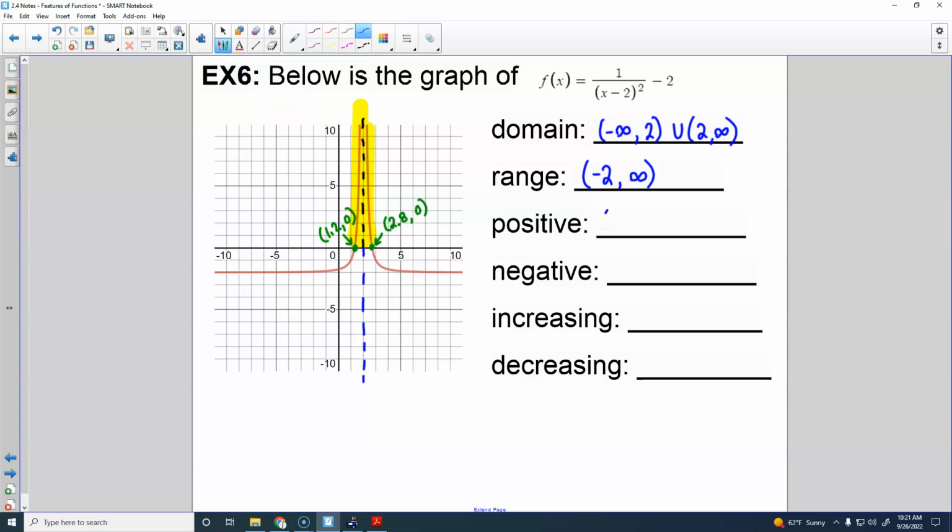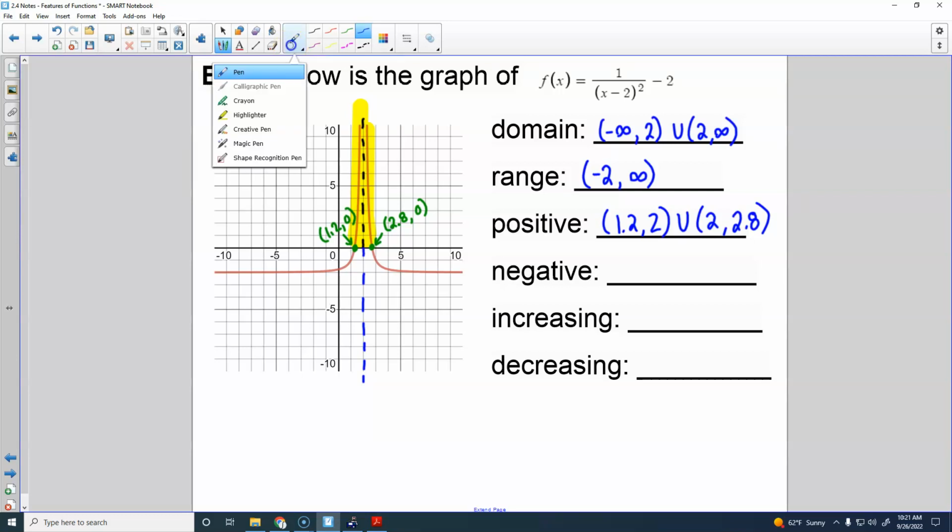So we would say 1.2 to 2 and 2 to 2.8. I'm using parentheses for everything there because at 1.2 and 2.8, I'm not positive or negative there because it equals 0.